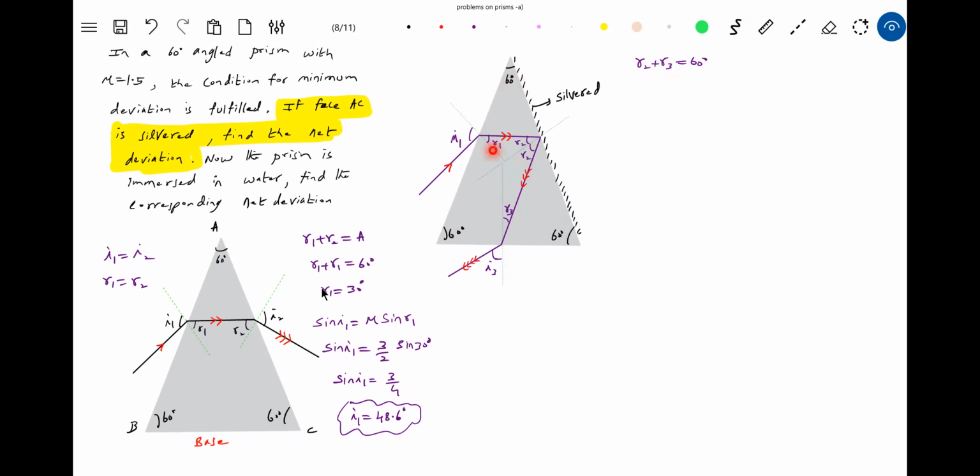We know R1 is 30 degrees, so we know R2 is also 30 degrees. Therefore R3 equals 30 degrees. And we know R2 plus R3, we got it.